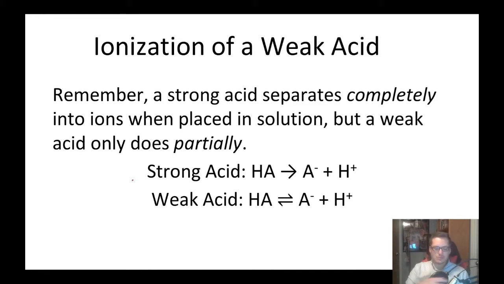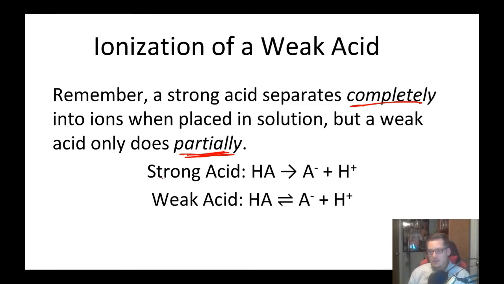Alright, now first we need to review just very briefly what we talked about, strong acids versus weak acids, from back in Unit 12, I think. So anyway, remember a strong acid separates completely into ions when it's placed in solution, but a weak acid only does partially. We talked about how we have the 7 strong acids, and we had that saying to remember them.